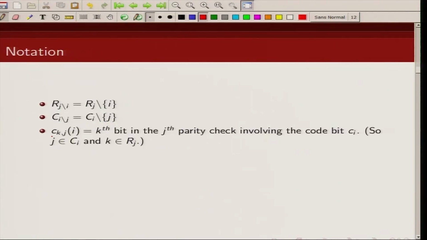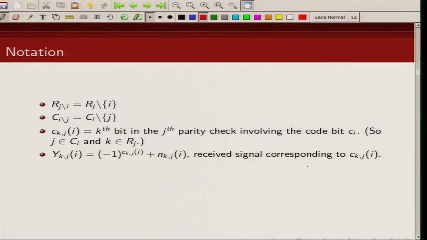Now we define by Ckj the kth bit in the jth parity check equation involving code bit Ci, that is denoted by Ckji. So the received sequence corresponding to this transmitted sequence would be then, this is the modulated version and this is the noise added. So this is the received signal corresponding to this code bit.